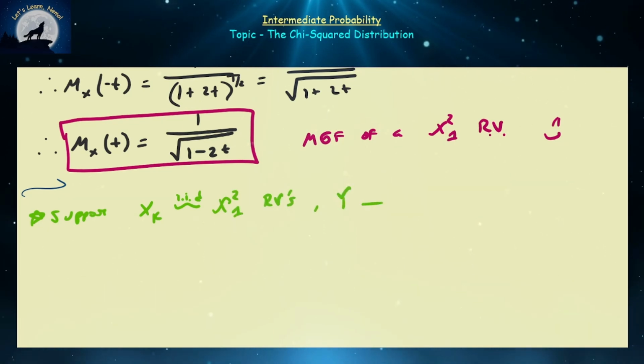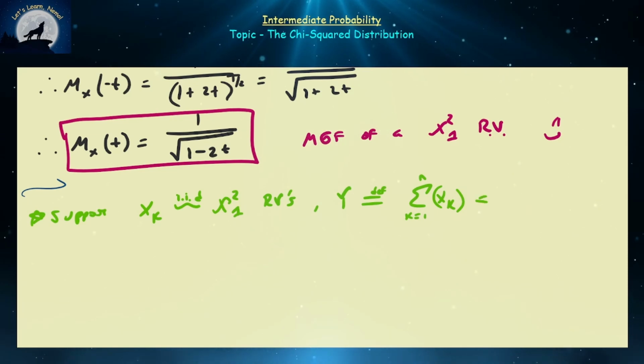And let's define y to be equal to the sum from k equals 1 to n of these xk's. And keep in mind, this is equivalent to the sum from k equals 1 to n of standard normal random variables squared. So a chi-square random variable is just going to be a sum of independent and identically distributed standard normal random variables squared.